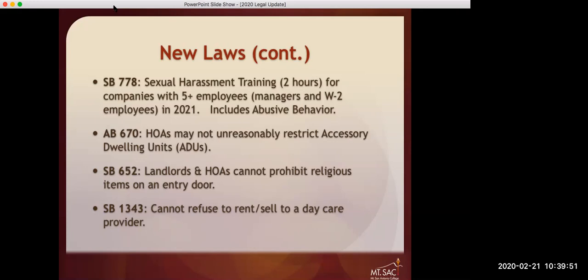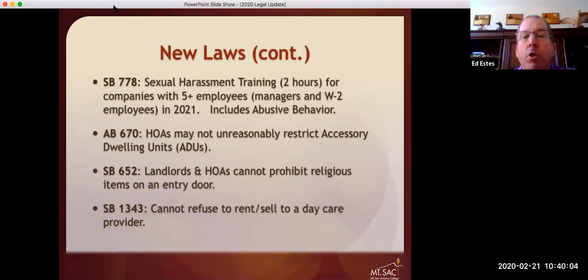Yes, the question is, regarding sexual harassment training, if I have a team and train the paid staff over 5, do I also have to train the agents who are paid by the broker of record? You would not have to train the agents no matter how they're paid because they are not W-2 employees. So independent contractors are not covered by 778, only salaried employees.